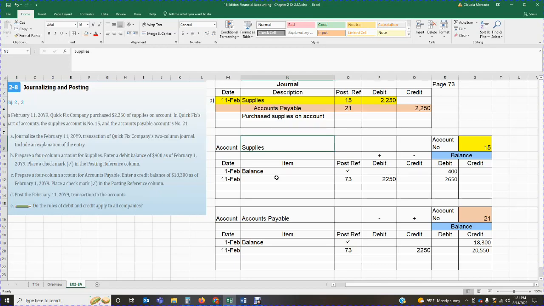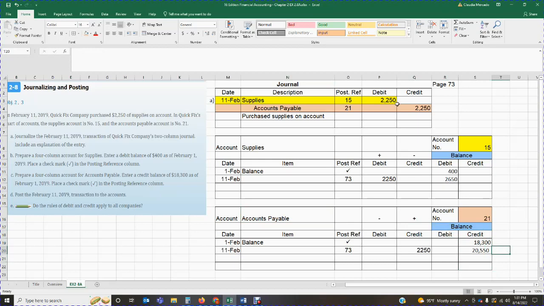Supplies is an asset, and we know that the normal balance of assets will be debit. So anytime you have an asset, the balance should be in the debit column. Accounts payable is a liability. The normal balance of a liability is a credit. So my balance should always be on the credit side.